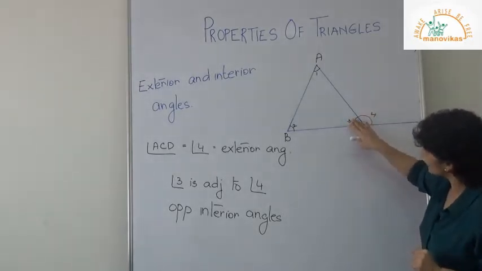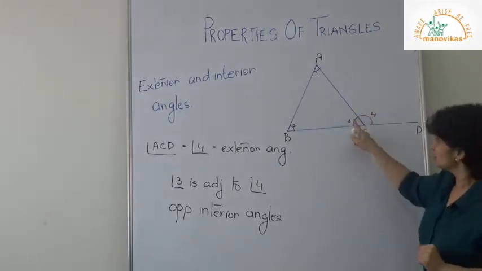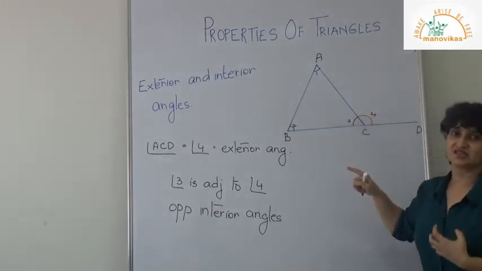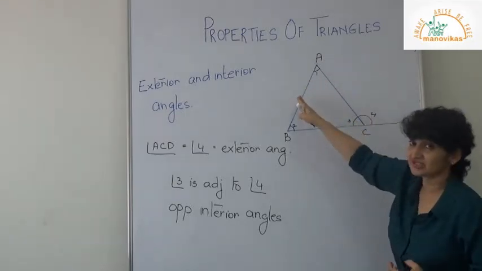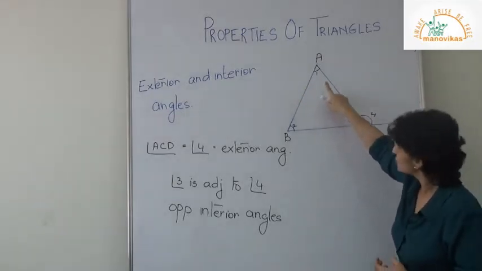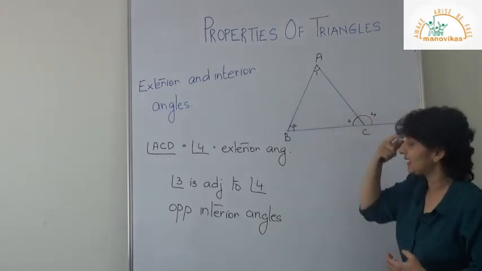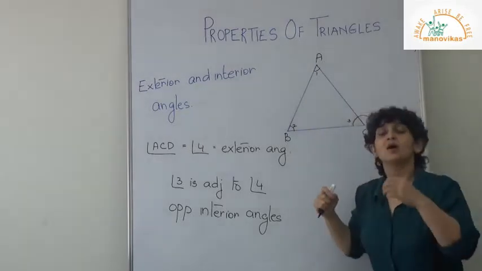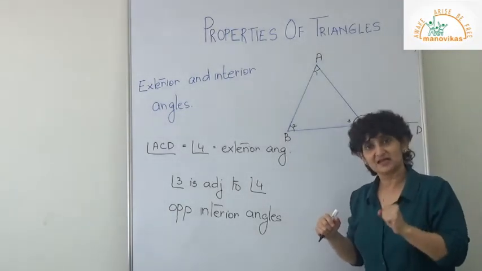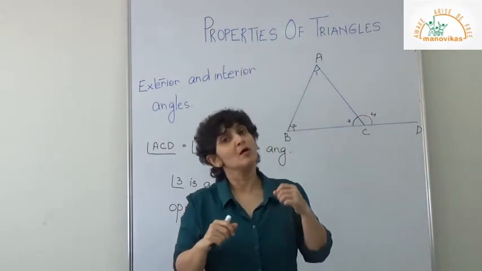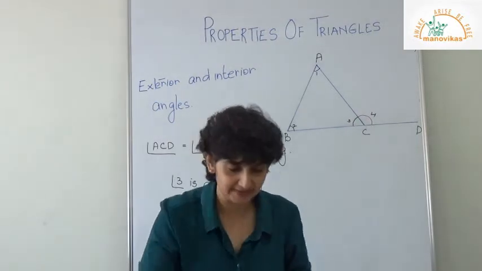This angle is next to it, so it becomes your adjacent angle. And these are opposite to this, but they are inside. So angle A and angle B are called opposite interior angles. Is this clear? Now let's move on to properties of a triangle.